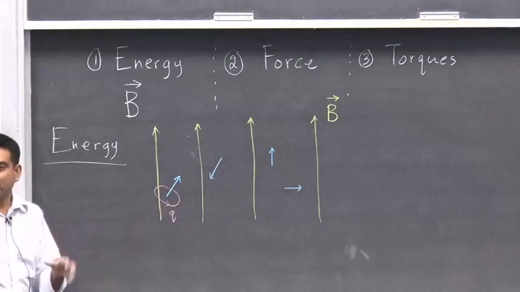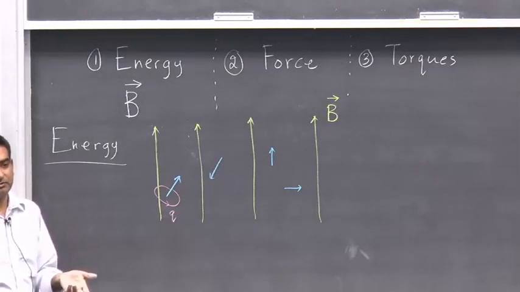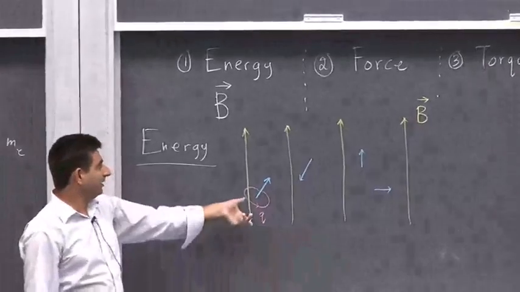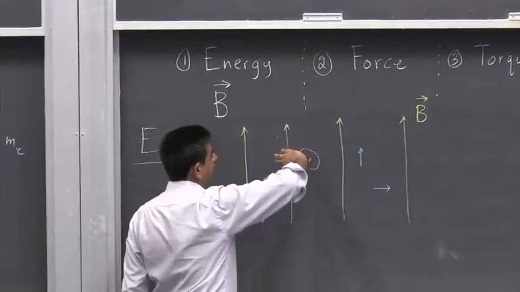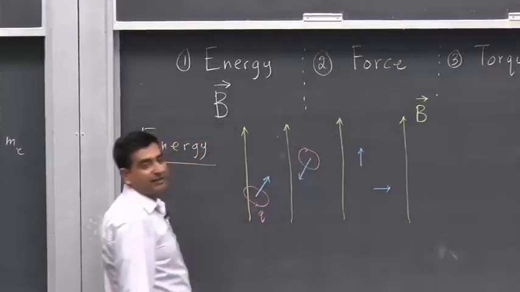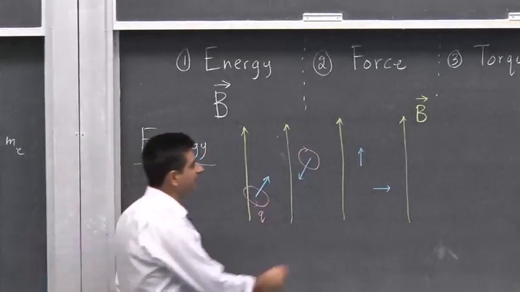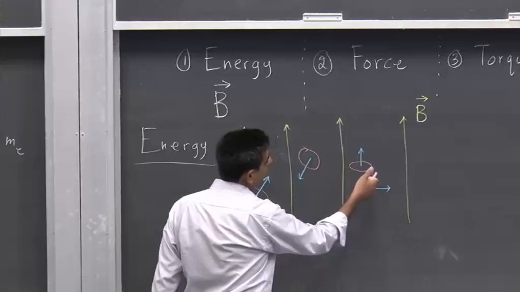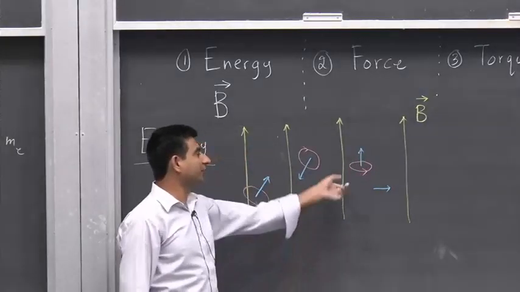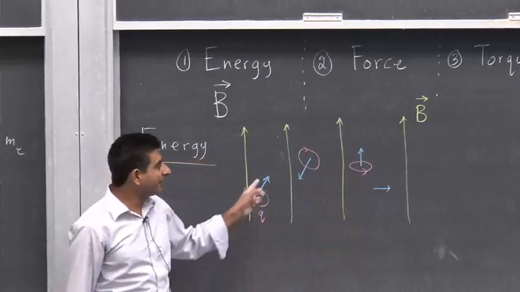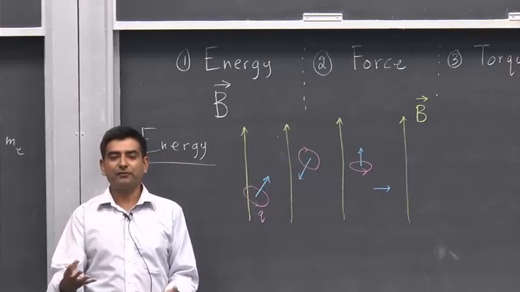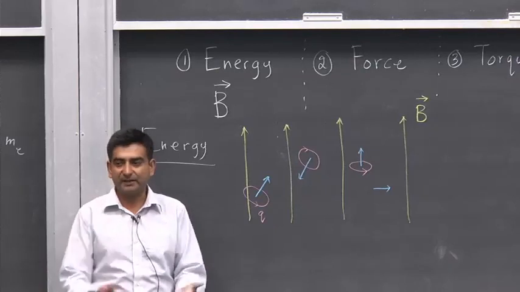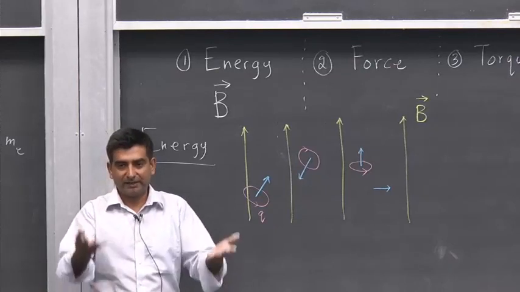You cannot draw a picture of the spin of an electron. But if you have a physical current carrying loop, the magnetic moment will point like this. For this, there is a current carrying loop with a positive charge circulating in this direction, and so on. And then you don't need to draw these current carrying loops. So remember that each magnetic moment harbors some kind of angular momentum, which gives rise to this magnetic moment.